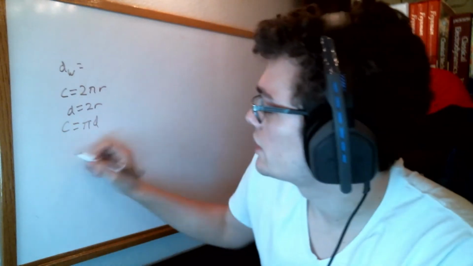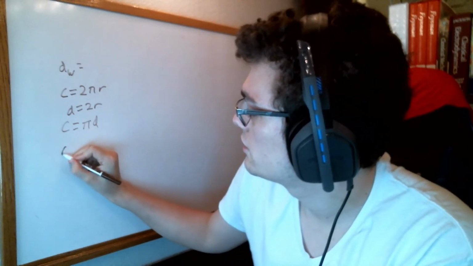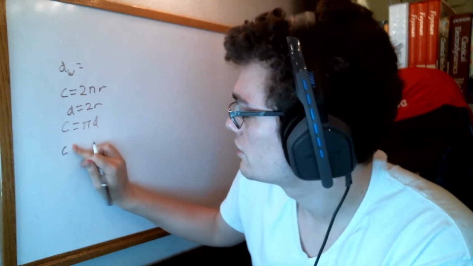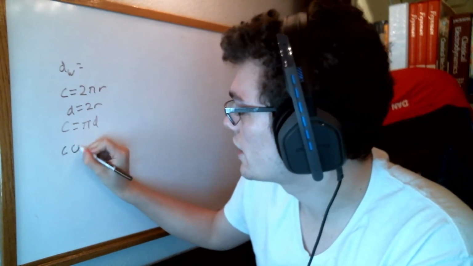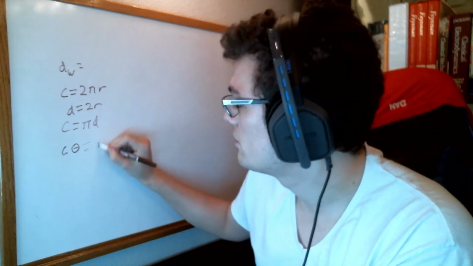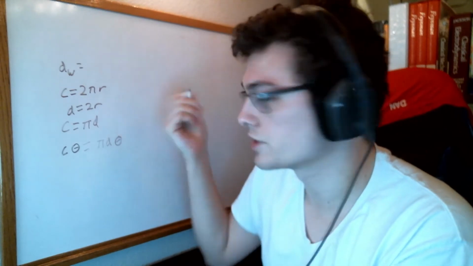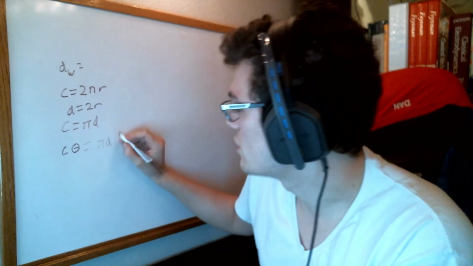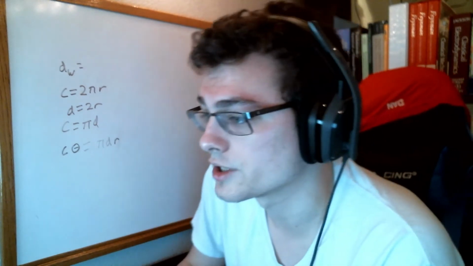So you just have to take c times the number of rotations, or you could put this as theta, I guess, and then this is just going to be equal to pi d times theta, which is the number of rotations. Or I guess they use it as an r here, and so it's just pi r d.